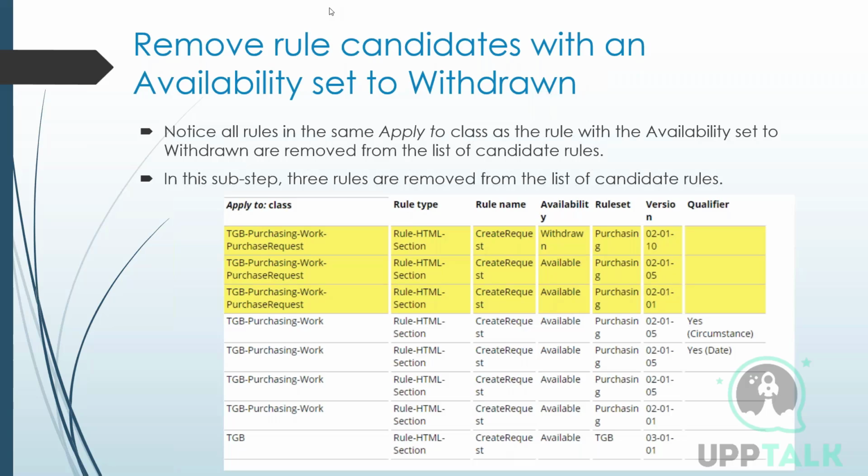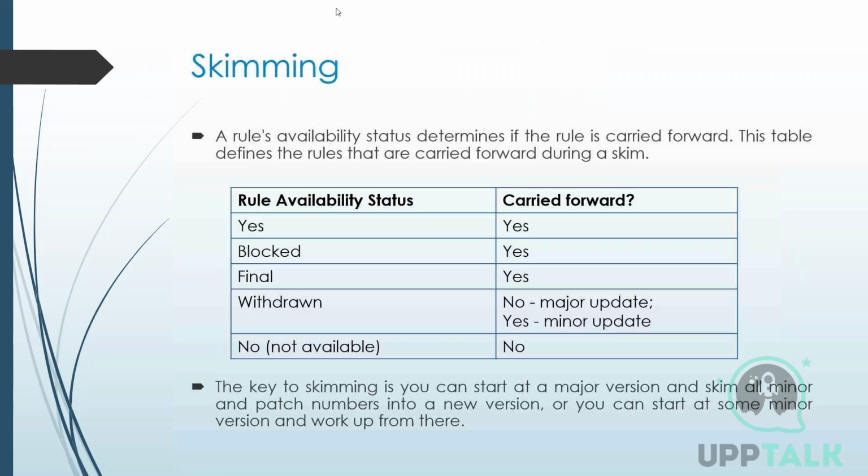So here, if you observe, let me just show this. Look at this part, where depending upon the rule availability, it is decided whether the rule is carry forwarded or not. With respect to the major version, the withdrawn rules are not moved forward.